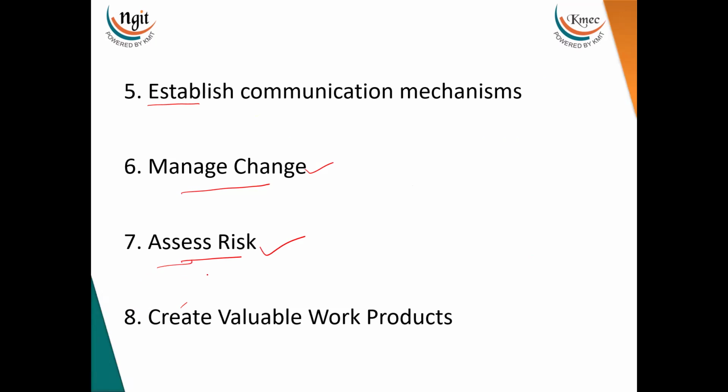So you have to identify and prepare for potential problems. As we go on developing our project, we may get many of these, so we should be ready for that.